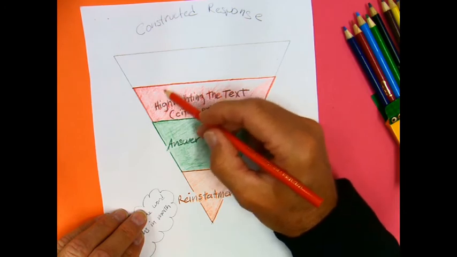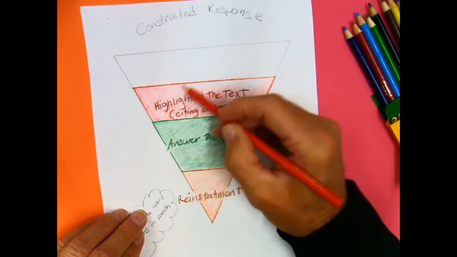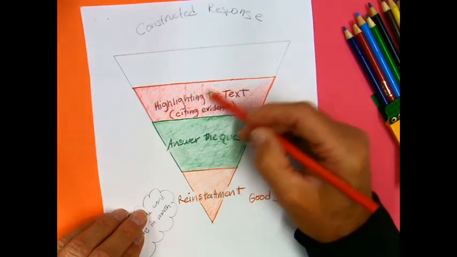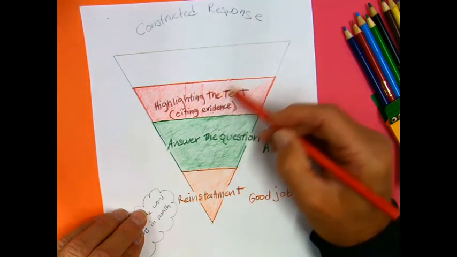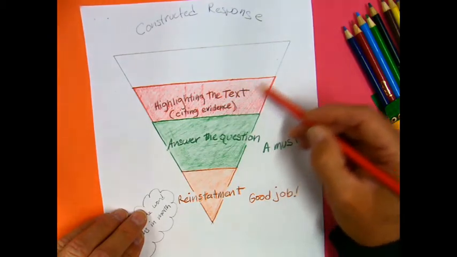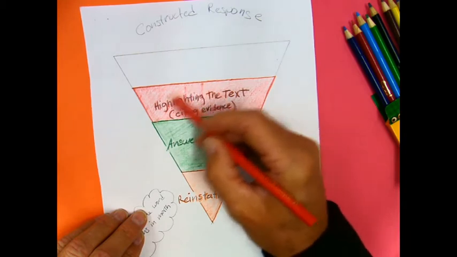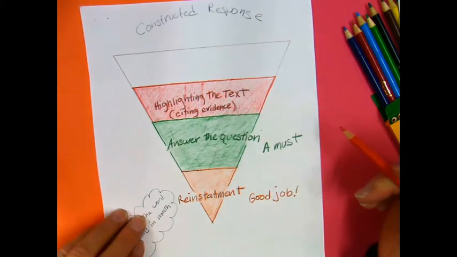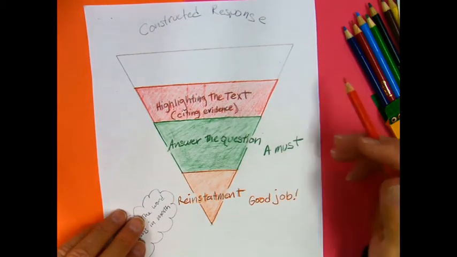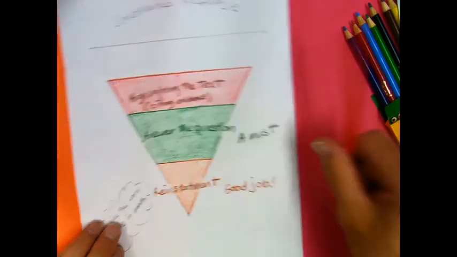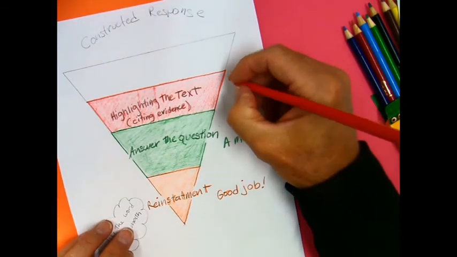You'll have to highlight the text. That looks pretty good. These little areas came up because I have some paper that overlaps here. So if you're doing this part, you're almost there.